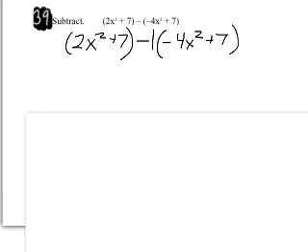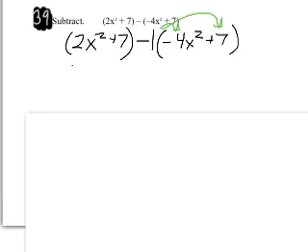So this is the same as a negative 1 times negative 4x squared and a positive 7. Just because we've been doing different things doesn't mean we stop doing the same things we've been doing all along that were correct. They were correct before, they're still correct.